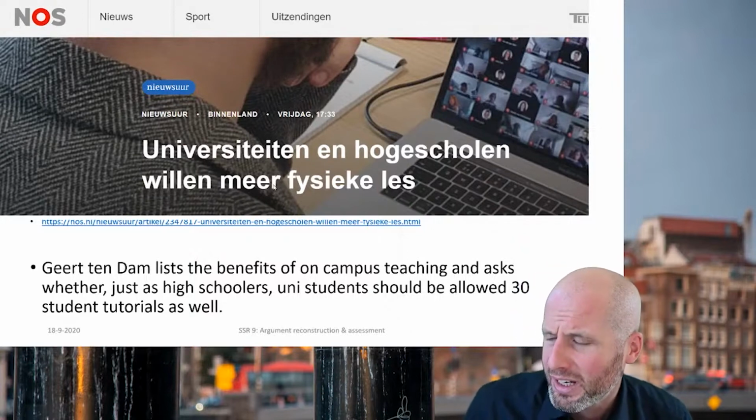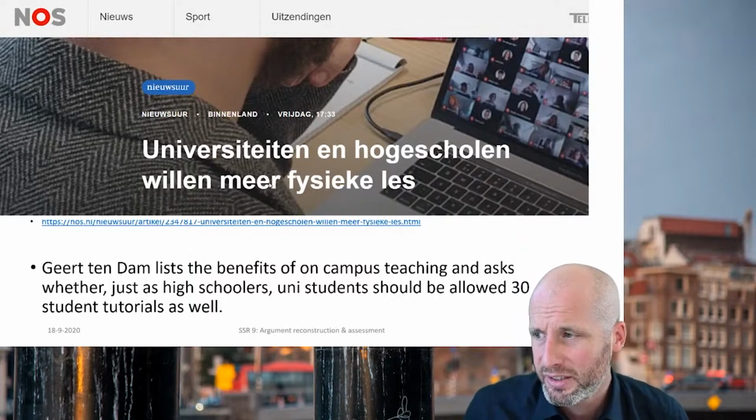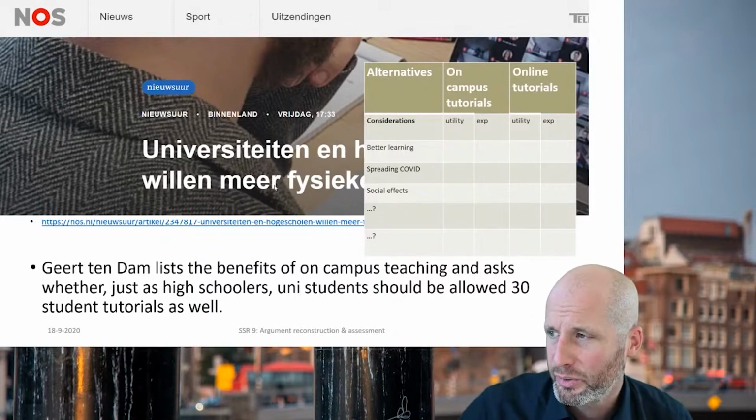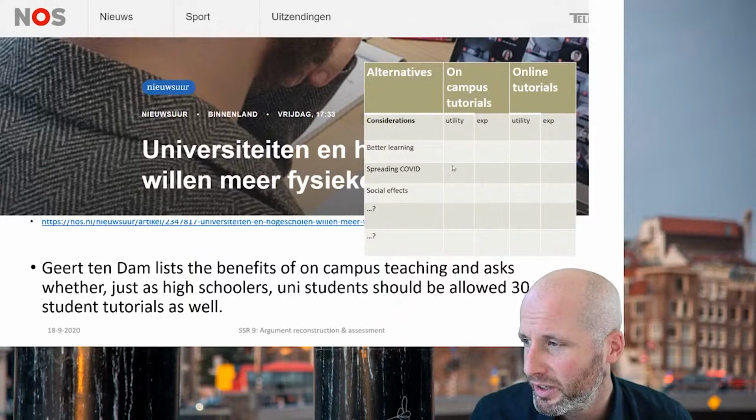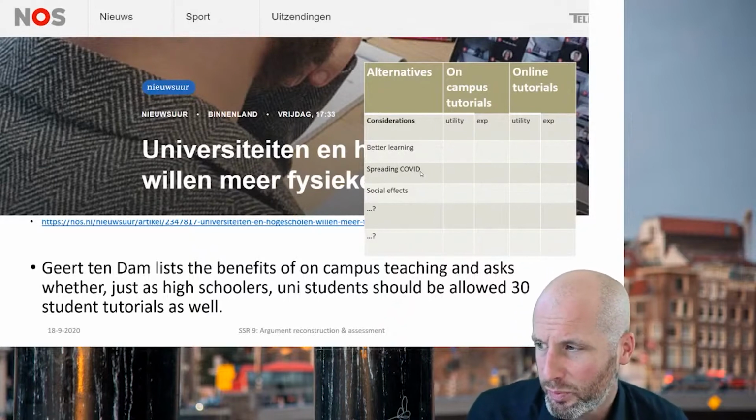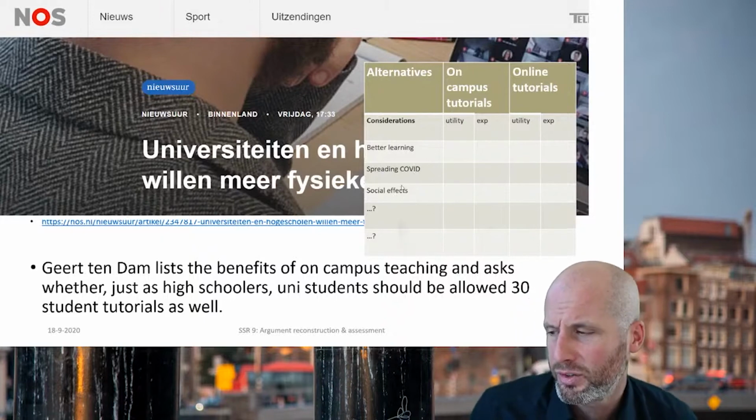And then you should recognize, well, she's proposing a course of action. This is a form of practical reasoning, so I should draw out my different possibilities and utility expectation sheet and think about her considerations, better learning, but also the implications for spreading COVID-19 and also different social effects, right?